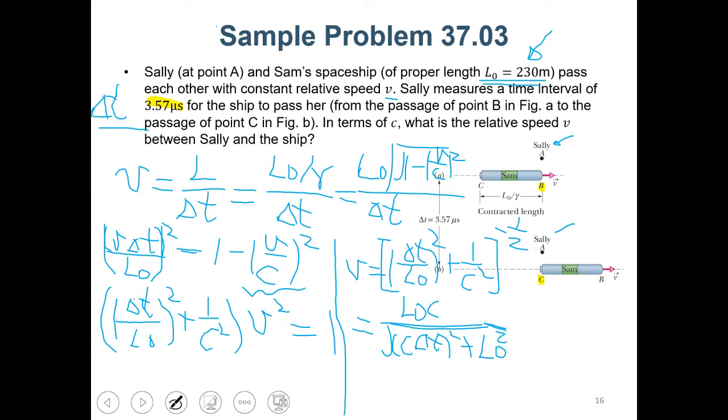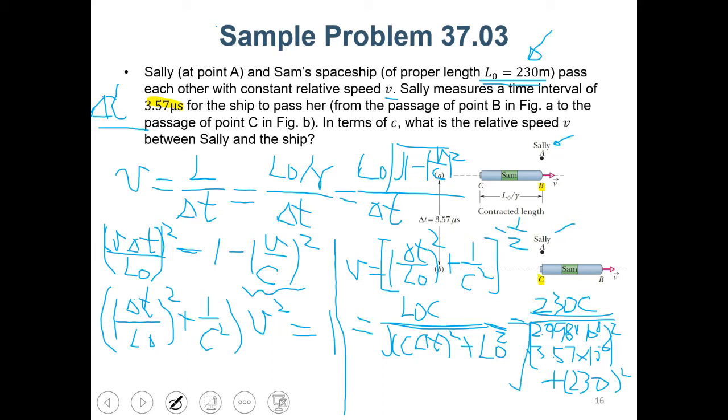And we substitute all of them inside: 230C over the square root of 2.998 times 10 to 8 times delta T, which is 3.7 times 10 to minus 6, squared, plus 230 square.